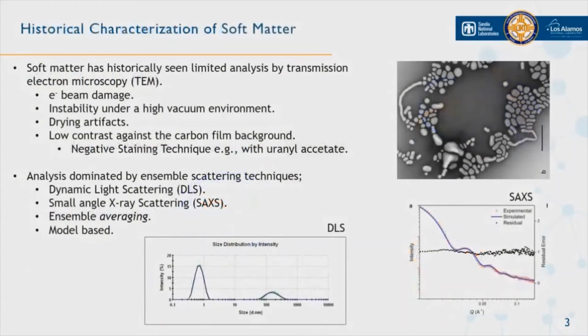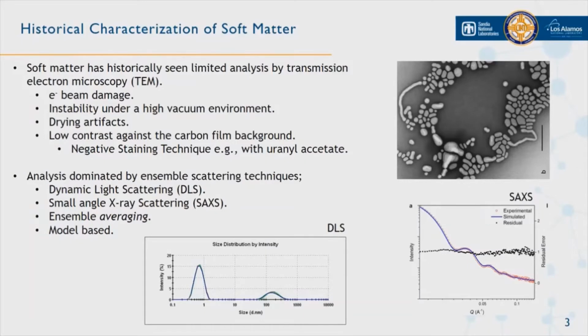So soft matter has historically been an unlikely candidate for investigation by electron microscopy techniques. This is due to damage by the electron beam, as well as an inherent instability under a high vacuum environment. Preparation for TEM also typically involves drying on a thin carbon grid, which yields two main limitations in the imaging of soft materials.